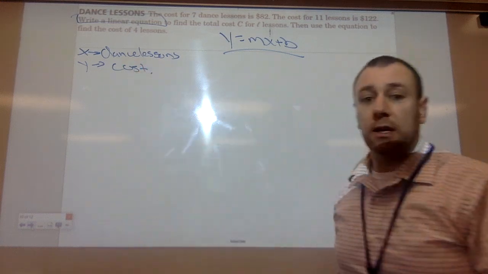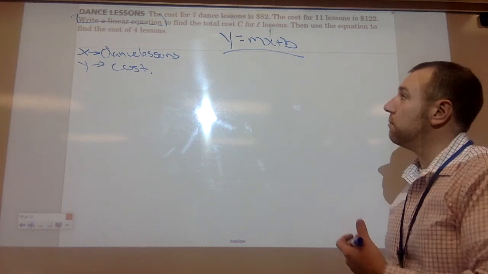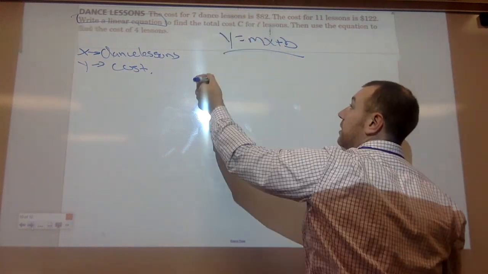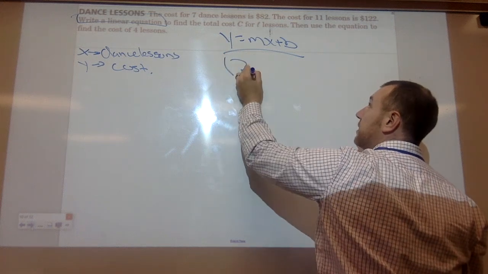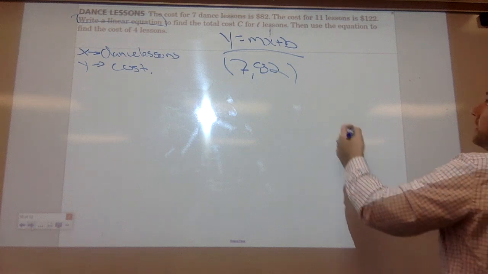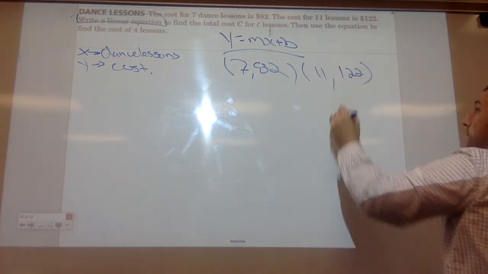So the amount of dance lessons affects how much it costs, just in real terms. So this first sentence represents 7, 82. Well, the next sentence says 11 lessons cost 122.